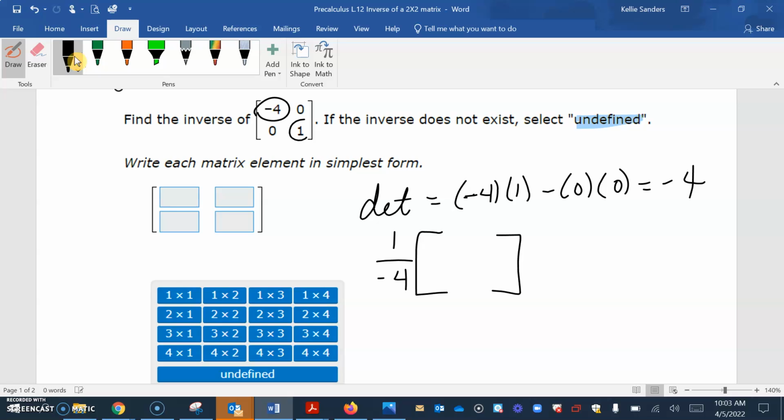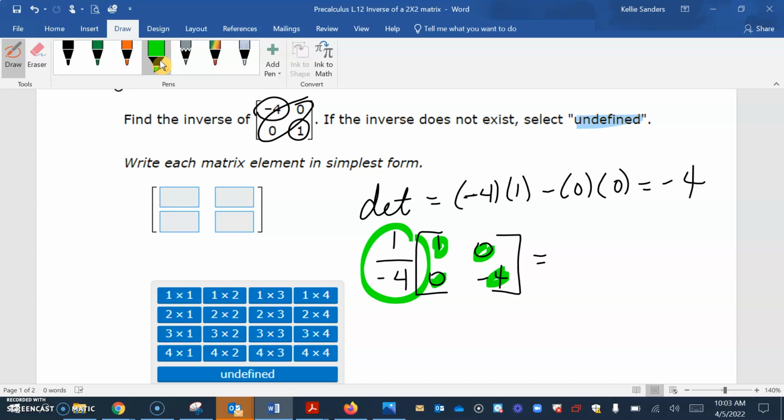Then the -4 and the 1 switch spots, and these stay where they are, but we make them opposites, but since both of them are 0, it's kind of redundant. And then we're just going to multiply everything inside by the -1/4.